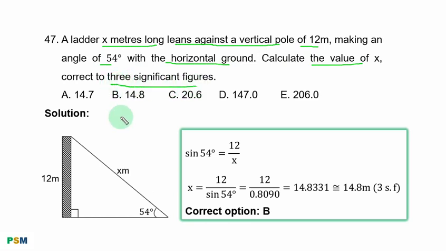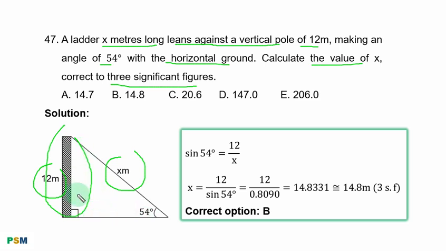Solution: you have the vertical pole, the ladder, horizontal ground. The ladder is S meters long. The height of the pole is 12 meters. You have the angle between the ladder and the horizontal ground.